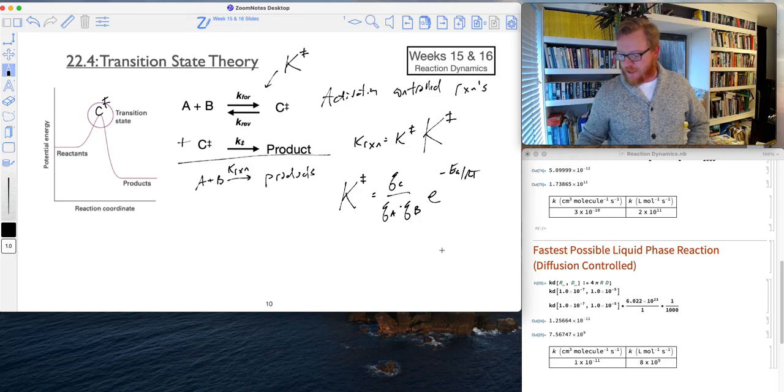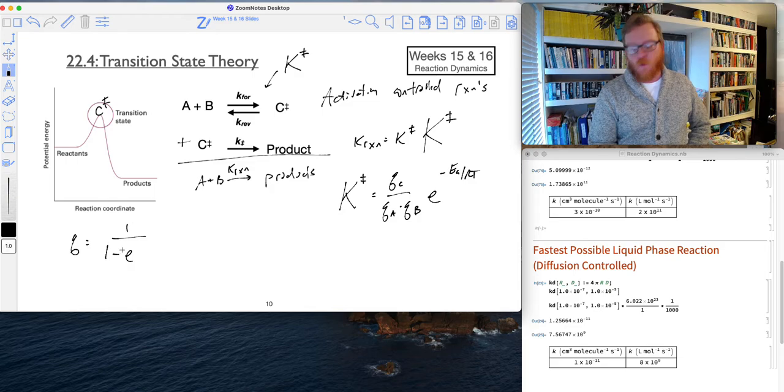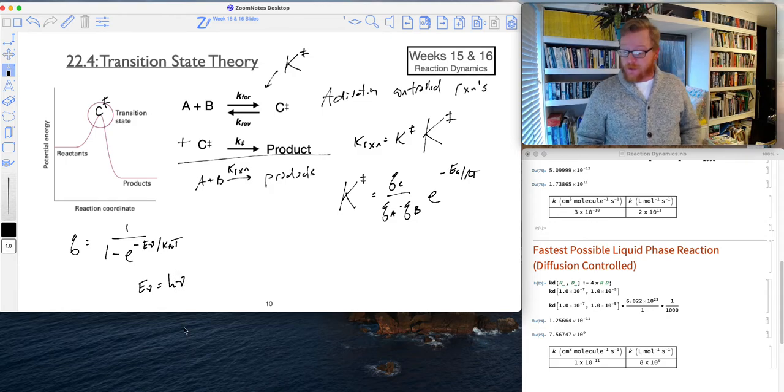EA divided by RT. And so if you recall, those partition functions go as something like 1 over 1 minus e to the negative energy of vibration divided by kBT, where that energy of vibration, E sub nu, is just h times nu, where that nu is the frequency of vibration. Okay.